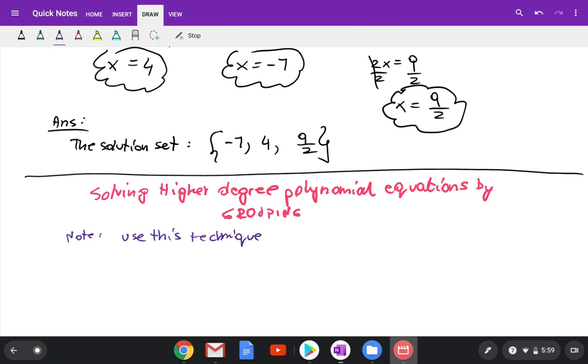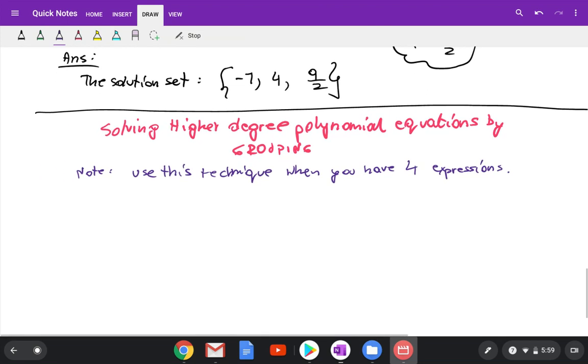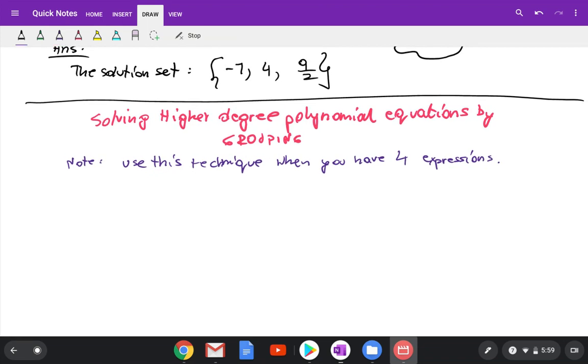Use this technique when you have 4 expressions. Let me give you an example of solving a polynomial equation by grouping.